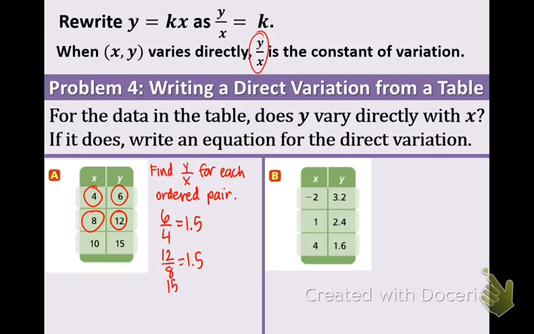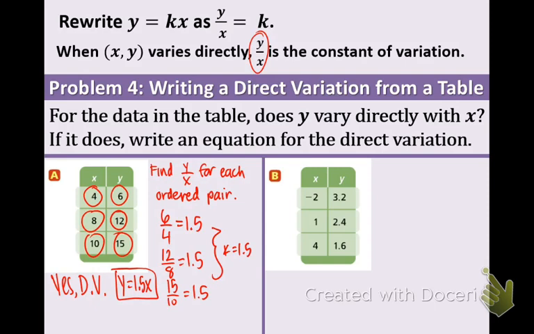And 15 over 10 also reduces to 1.5. So if you get the same number for all three, you're definitely going to have a direct variation. So you can say yes, DV, and the equation, well, this is the k value right here. k equals 1.5. So you just substitute that in for the k value. y equals 1.5x. That is your equation.